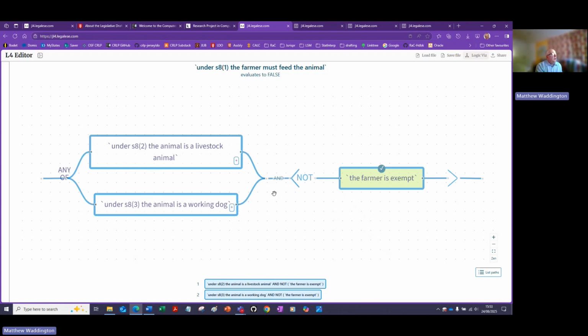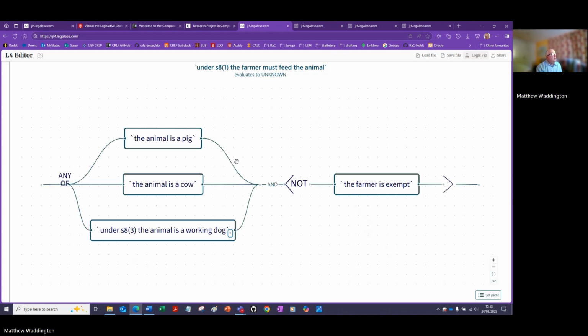Where it gets more interesting is the definitions. If you remember, we had a definition of a livestock animal and a definition of a working dog. So the definition of a livestock animal was that it was a pig or a cow.